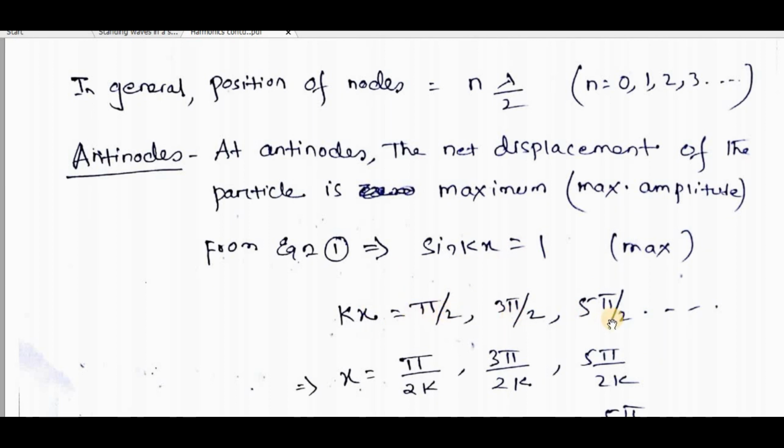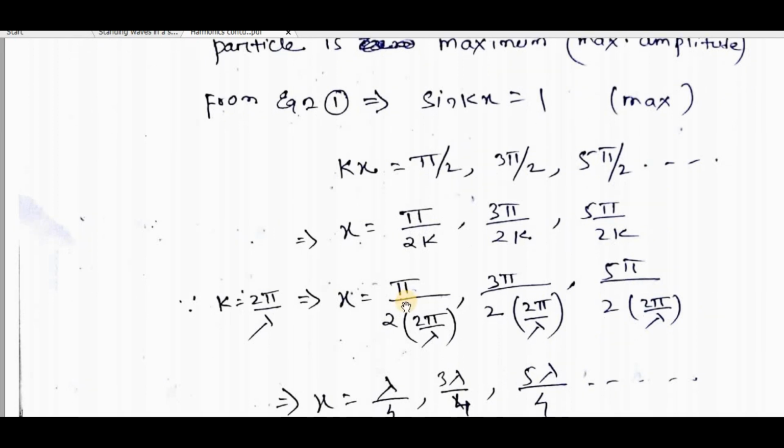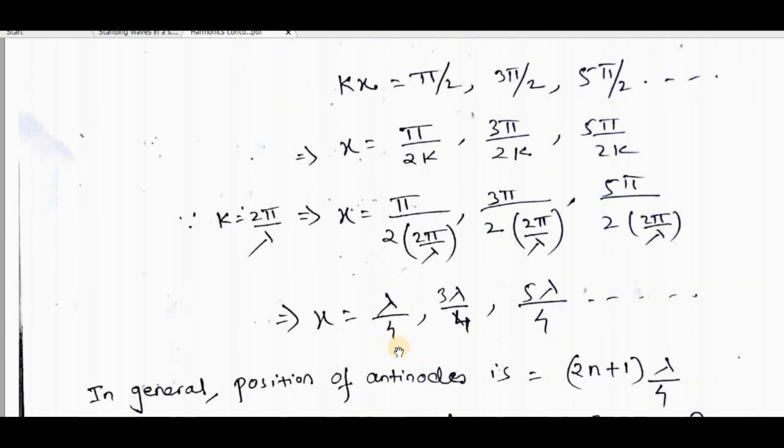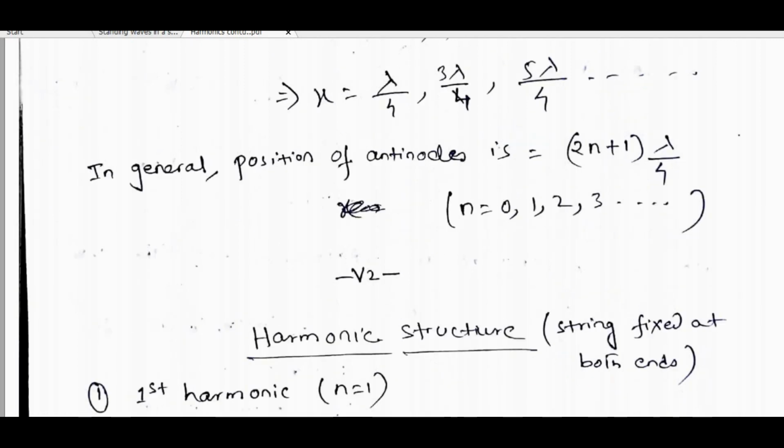From here we get x, and putting k as 2 pi by lambda, we are getting the position of the antinodes as lambda by 4, 3 lambda by 4, 5 lambda by 4, like this. So in general, the position of the antinode is (2n plus 1) lambda by 4, where n is equal to 0, 1, 2, 3, like this.